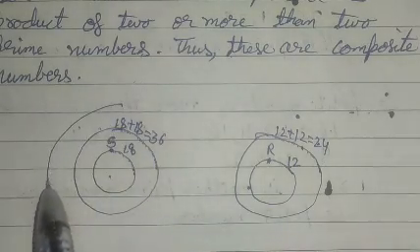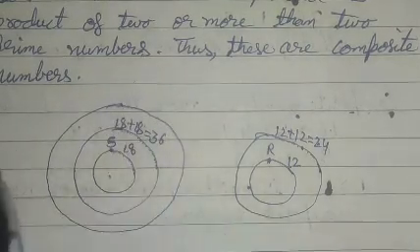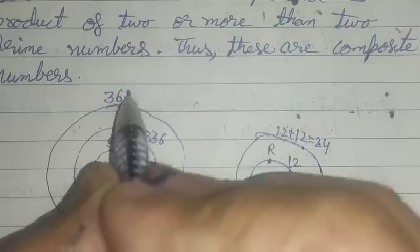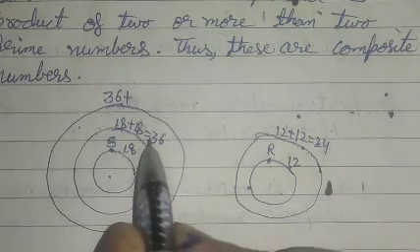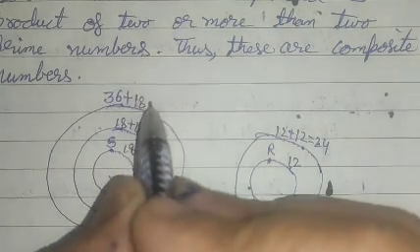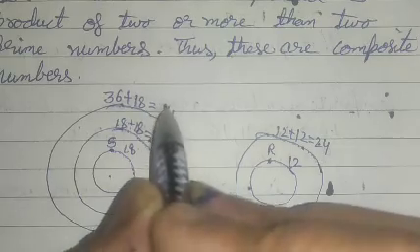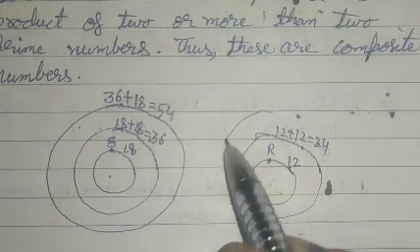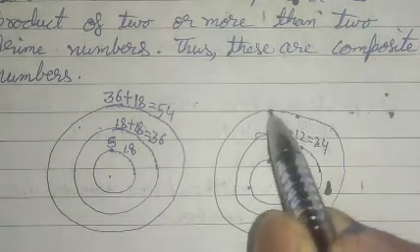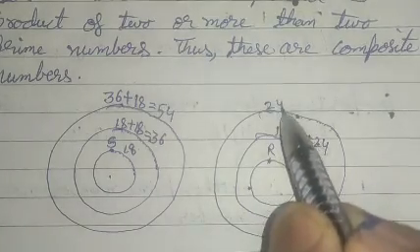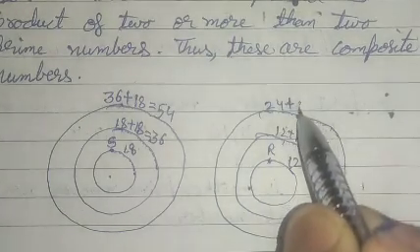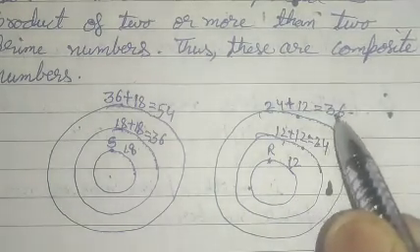Now, if Sonia goes for third round, she will take 36 minutes she has taken for the first two rounds, plus 18 more minutes, and this will be 54 minutes. Here, Ravi, he has already taken 24 minutes, 24 plus 12 minutes more, and this is 36 minutes.